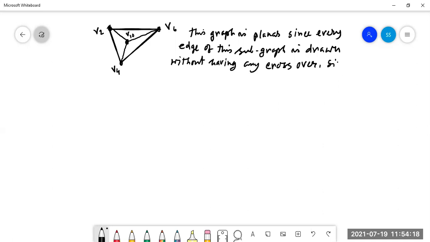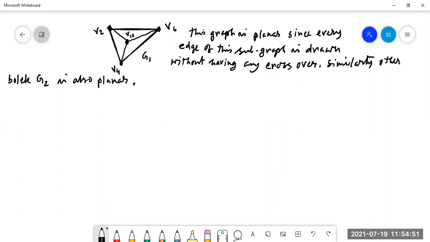Similarly, the other block G2 is also planar. So here the block G1 is planar because every edge of this subgraph is drawn without any crossover.